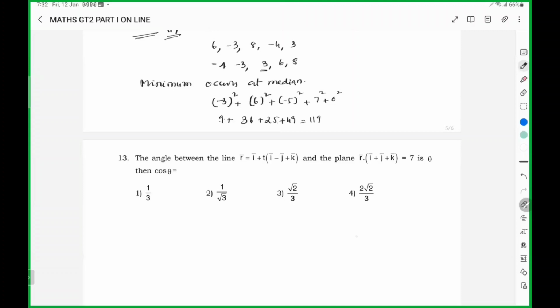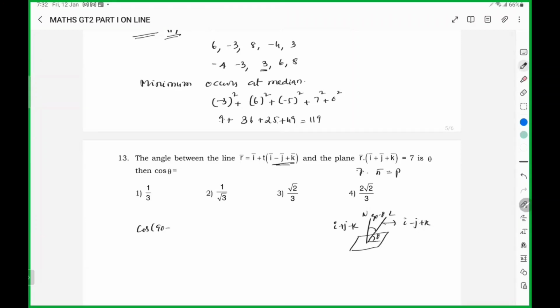A line and a plane, angle is theta. Then angle between normal and line is 90 minus theta. It is r dot n is equal to p. Normal is this. And the line vector is i minus j plus k.